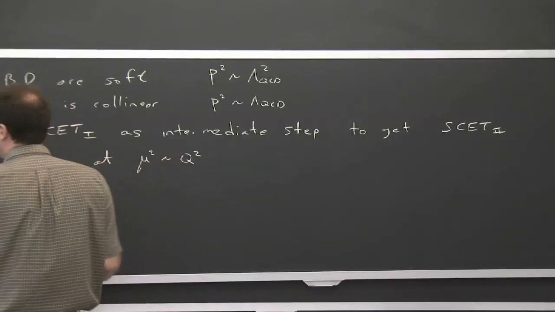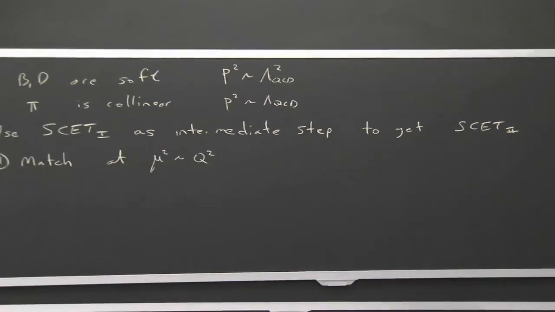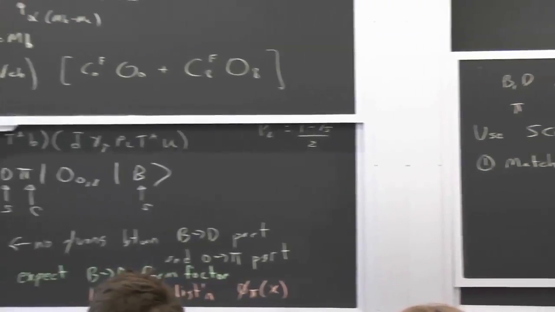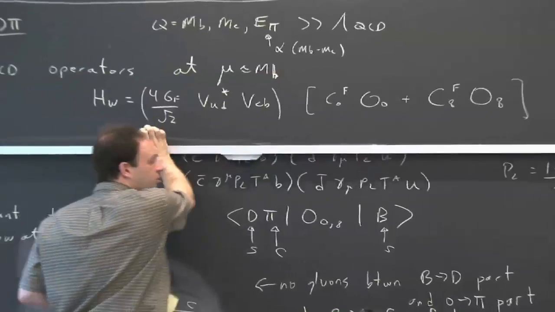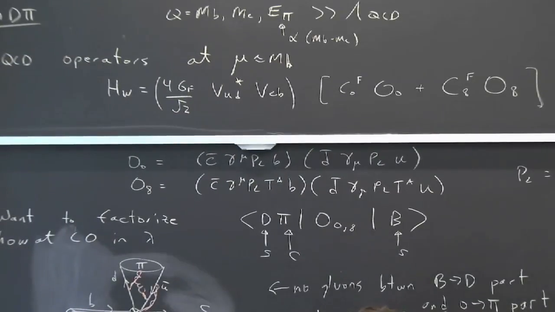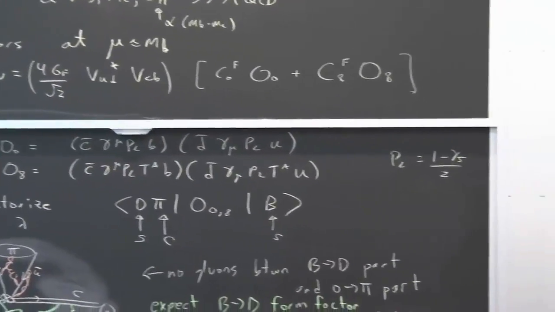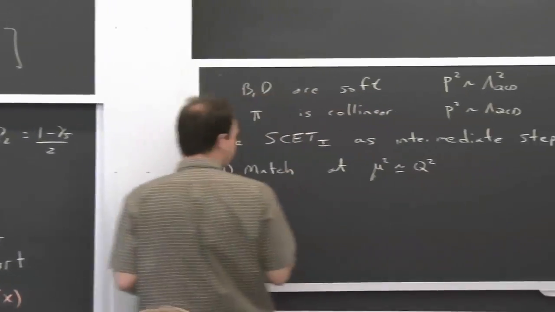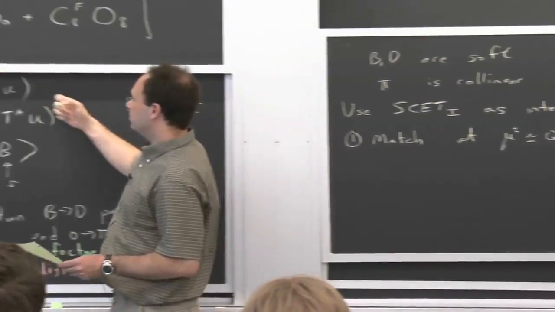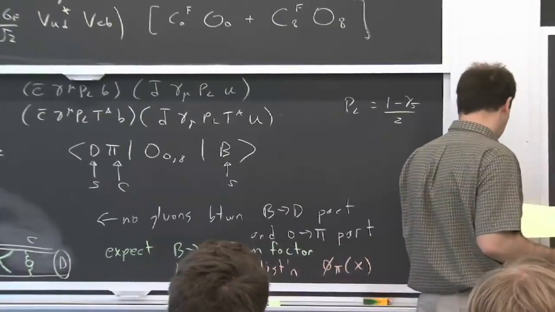So there's some hard scale, and the hard scale in this case could be any one of these three. So collectively, I just denote them by Q. And what's going to happen in that matching is we take these operators O0 and O8, and we have to match onto SCT operators.